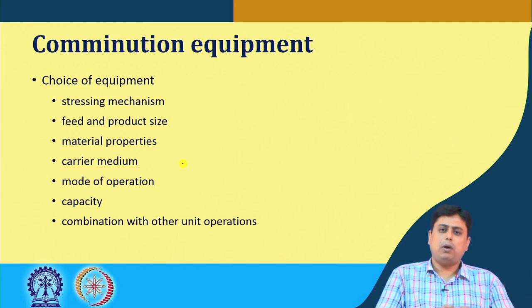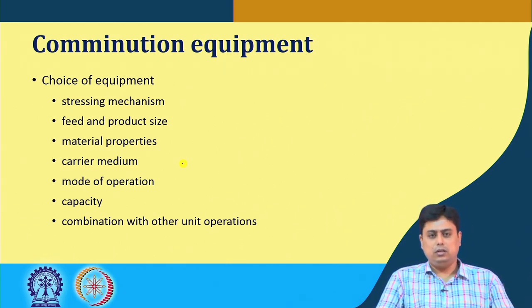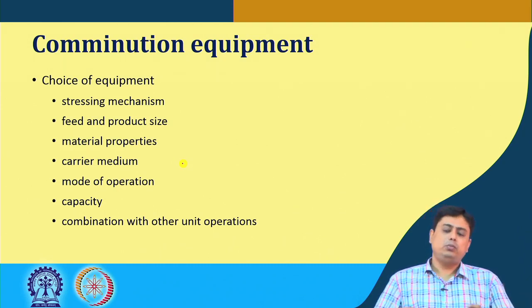It is one of the parts that comes upstream for the desired product. So, it is fitted or associated with several other unit operations. So, its adaptability to the other unit operations also dictates the choice of equipment.